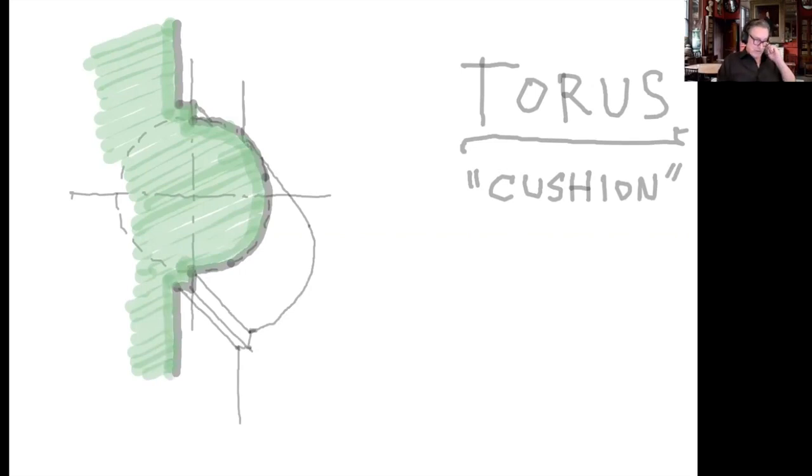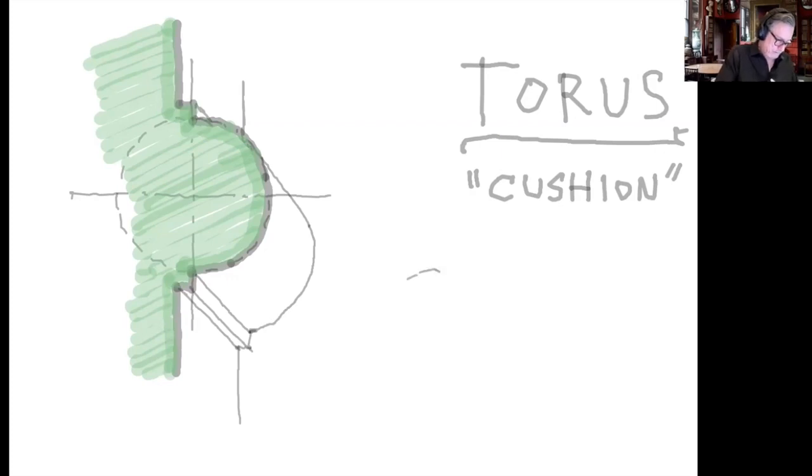Now, as we learned with the ovolo, the torus is similar in the sense that it's almost always seen as being semicircular, but it doesn't need to be. It could also be elliptical. For example, we could have an elliptical torus.